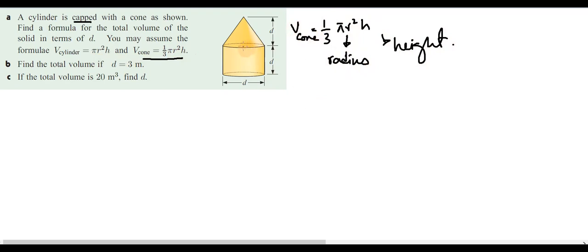In this case, the radius is this length, and we are given that the diameter is d. It means if the diameter is d, then the radius is half of that. We will have to use d by 2 for the radius.